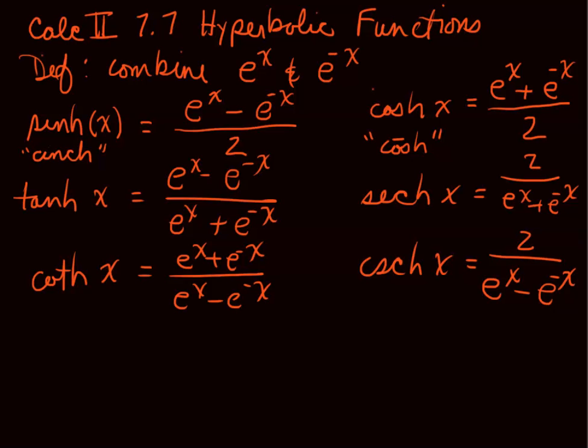But be careful. The identities are different. They're close, and close enough to maybe confuse you. And once again, I'll allow you to use your book when you need these.